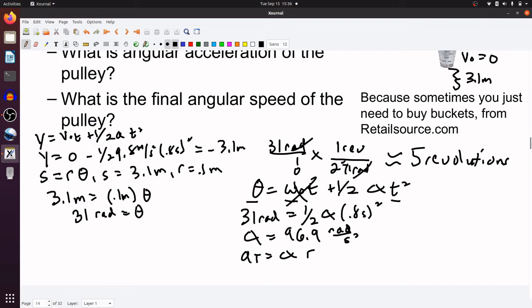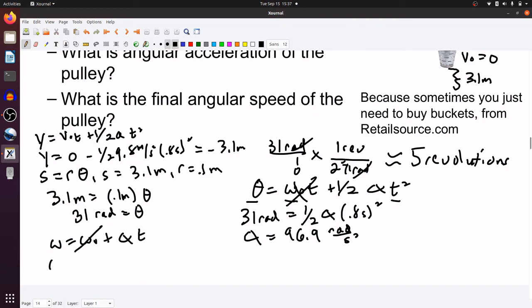Anywho, that will give you angular acceleration, but we'll use this one since I started off with it, and like I said, due to rounding, it gives you a slightly different value than the 98 radians per second squared. Final angular speed, we're going to use omega is equal to omega naught plus alpha t.